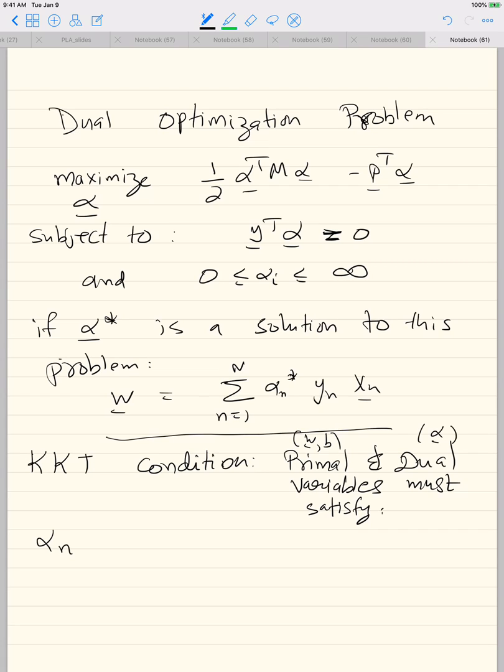The dual variables is alpha. We look at, so this was the constraint we had to satisfy in the brackets. Alpha n was the penalty term associated with the violation of this constraint, and this must be 0. This is what the KKT condition says, that for the optimal solution, the dual and primal variables must satisfy this constraint.